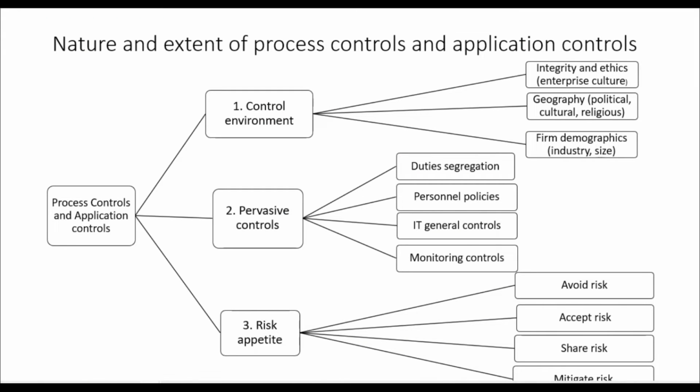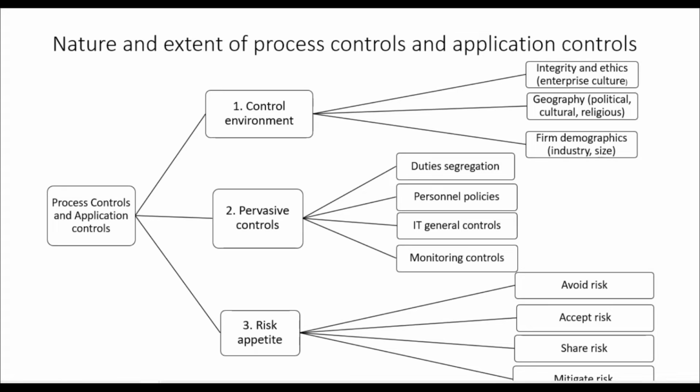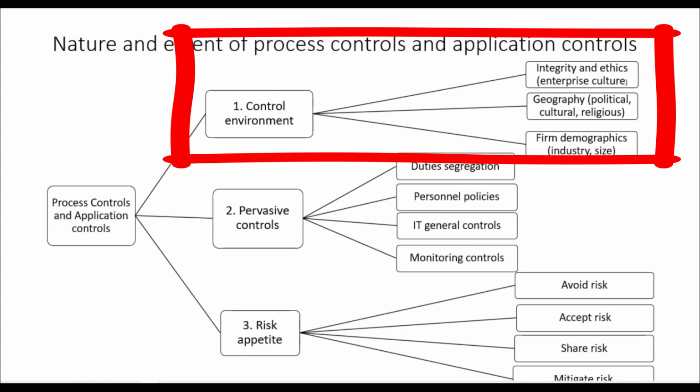So the nature and extent of process controls and application controls depend on three aspects: control environment, policy controls, and the risk appetite of the enterprise. The control environment is about the level of integrity and ethics displayed in the enterprise culture, to what extent enterprise rules and data rules are followed, bent or not followed.